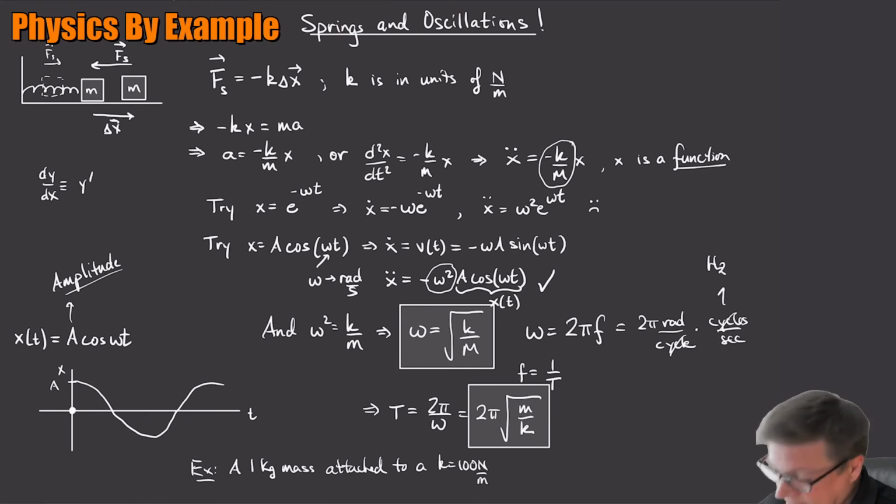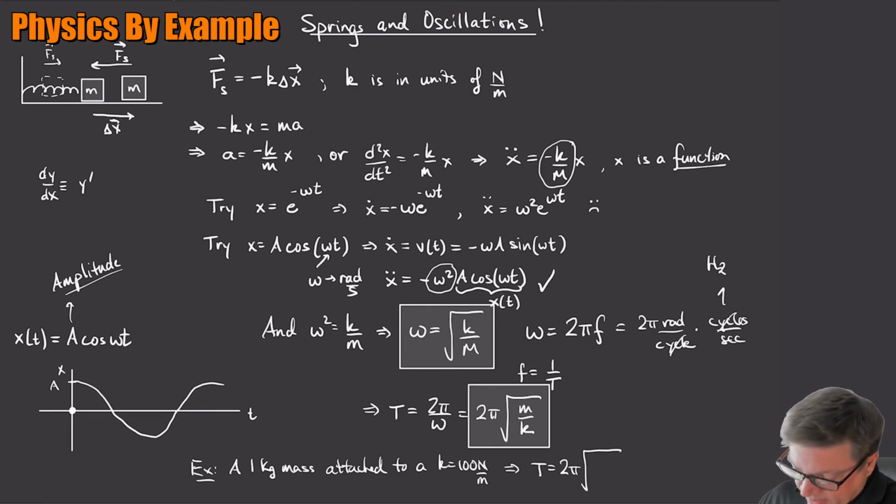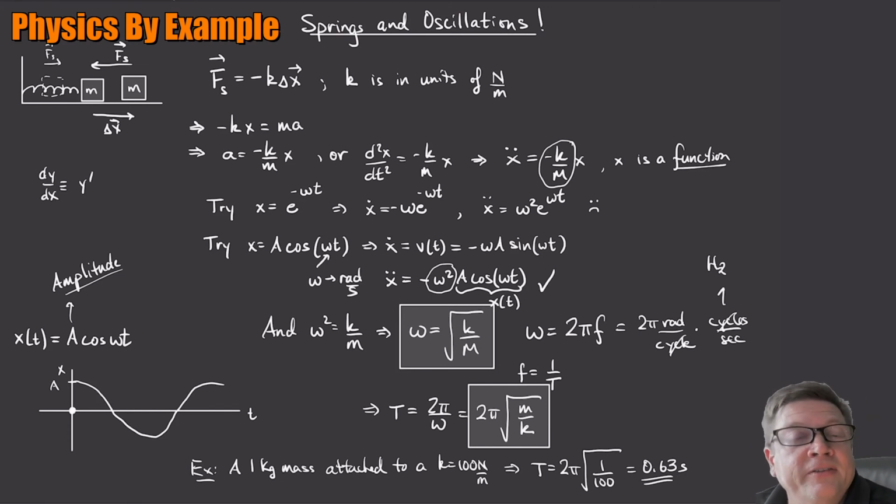How long would it take for this thing to undergo one cycle, one vibration? T is 2 pi times the square root of m over k. It's just going to be 1 over 100. Square root of 1 over 100 is like 1 over 10, right? So it's just going to be 0.63 seconds. Just twice pi over 10, 0.63. Just move the decimal point. So that's how long this thing is going to take to undergo one cycle, one full back and forth vibration.